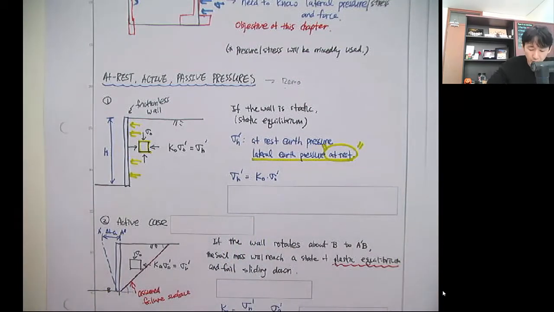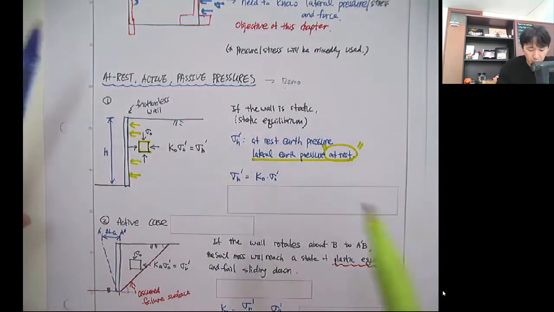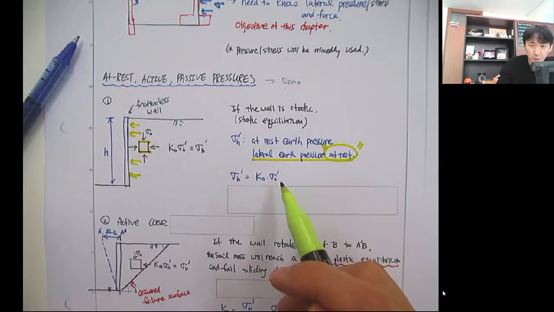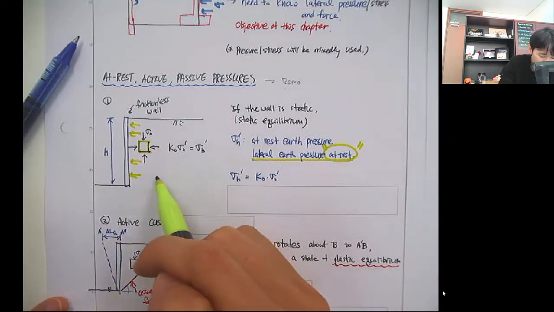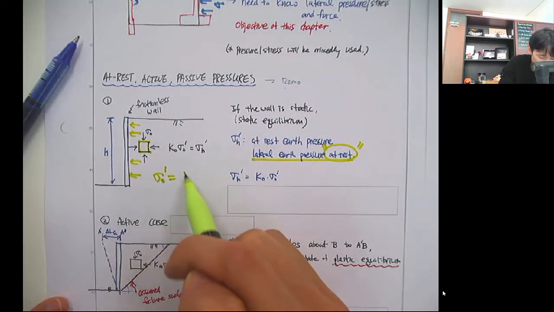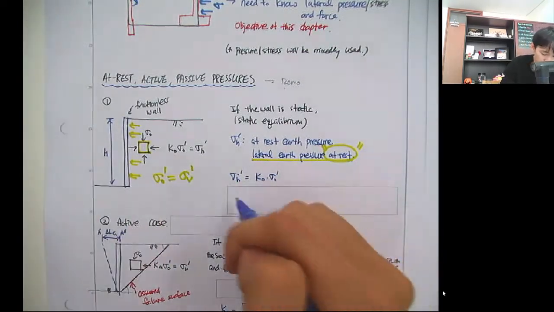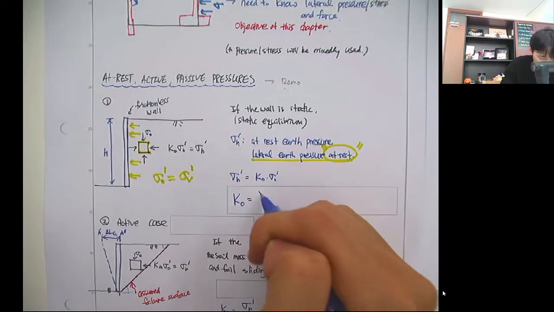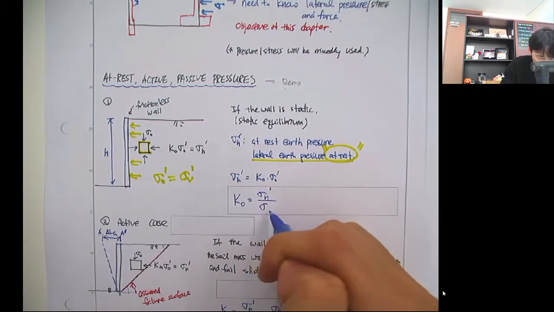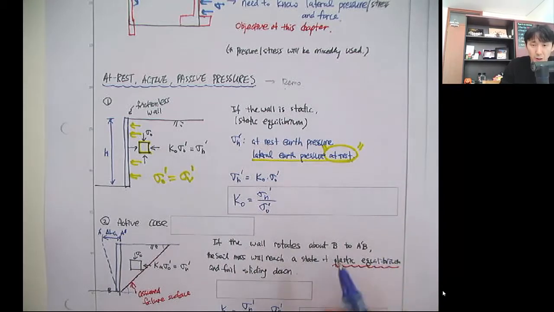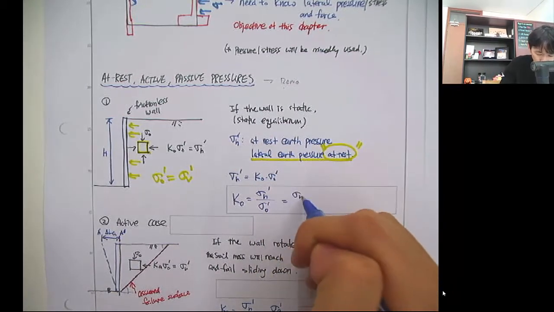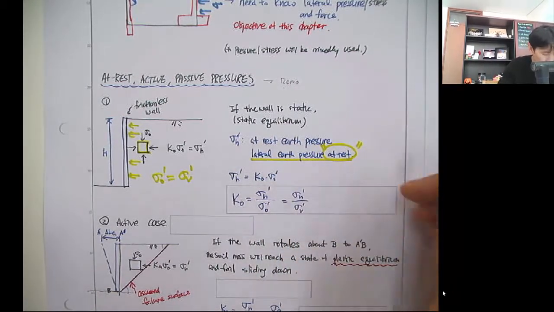Sigma h prime is calculated by multiplying K naught times sigma naught prime. Here sigma naught prime is the vertical effective stress, so sigma naught prime is sigma v prime. So K naught is sigma h prime over sigma naught prime, or sigma h prime over sigma v prime.